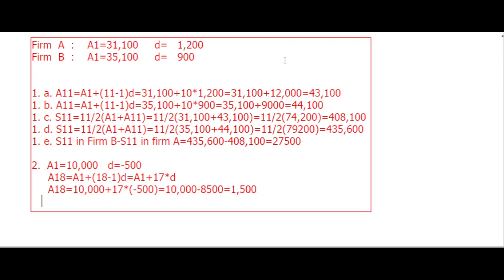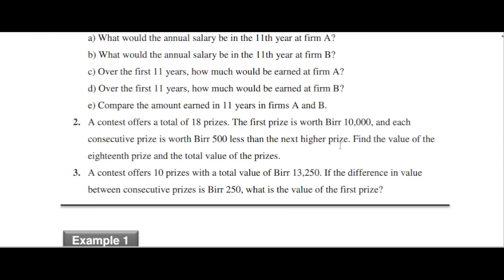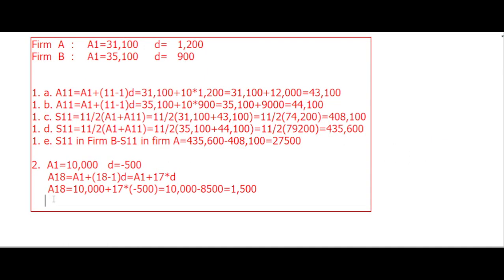Now let's complete the other question here. Find the value of the 18th prize and the total value of the prizes. We want to find here also S18. Let's compute it. S18 which is equal to 18 divided by 2 times A1 plus A18. This is equal to 9 times, we have given A1 10,000, plus A18, 1,500.